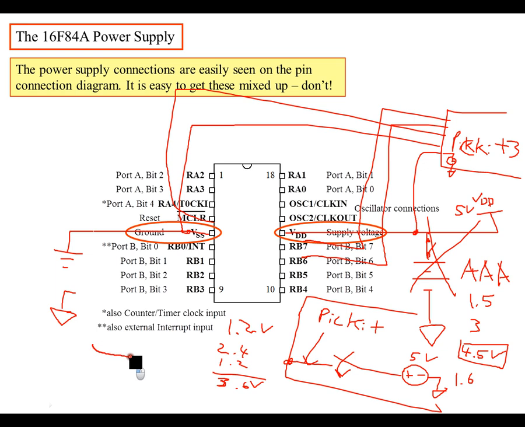Remember that batteries start off at a certain voltage and then drop off very rapidly. For an alkaline, you may have 1.6 and it may drop down to 1.5. So throughout the life of the battery, it's not going to be exactly constant. This is how a battery discharges over time.